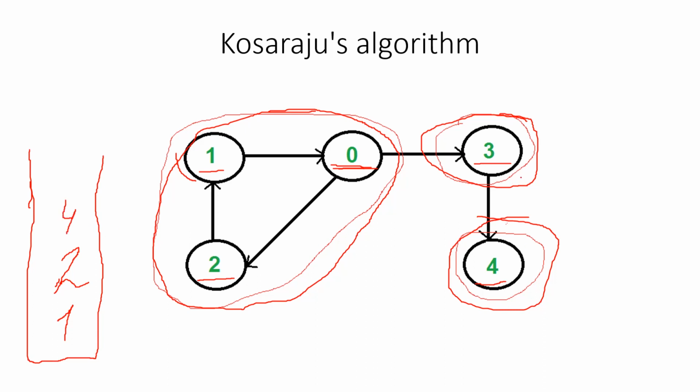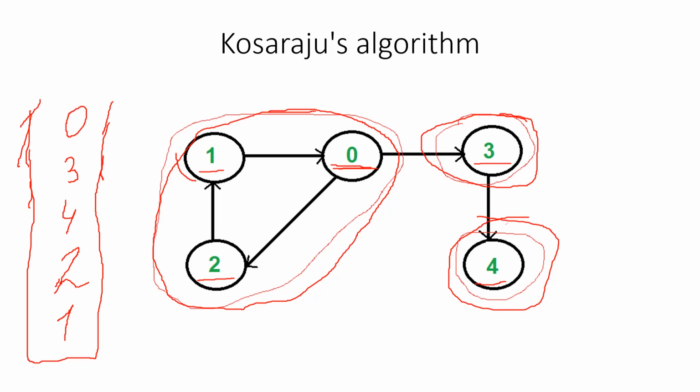Then we backtrack to 3, from 3 we don't have any other neighboring elements, and we put 3 into the stack, right? Then we go back to 0, and 0 doesn't have any other undiscovered neighboring elements. That's why we are done, and we put 0 on the top of our stack.